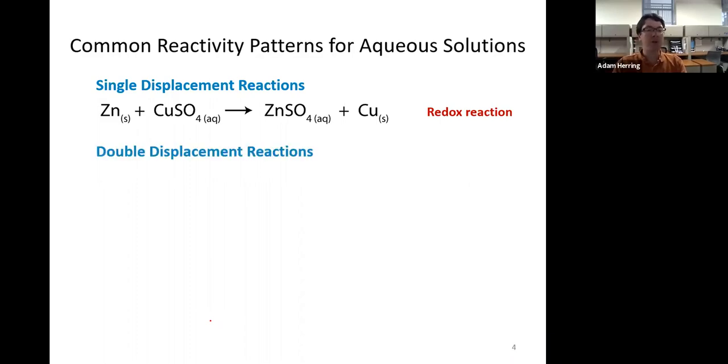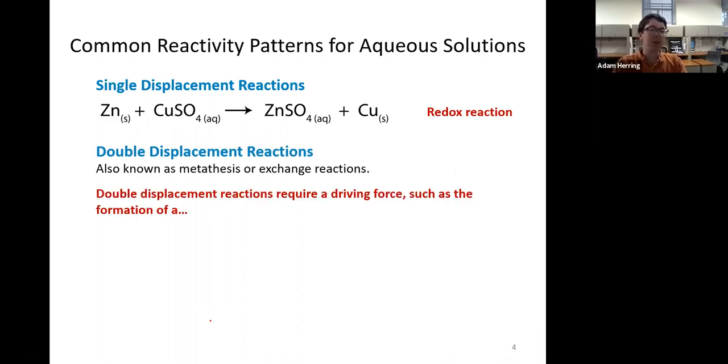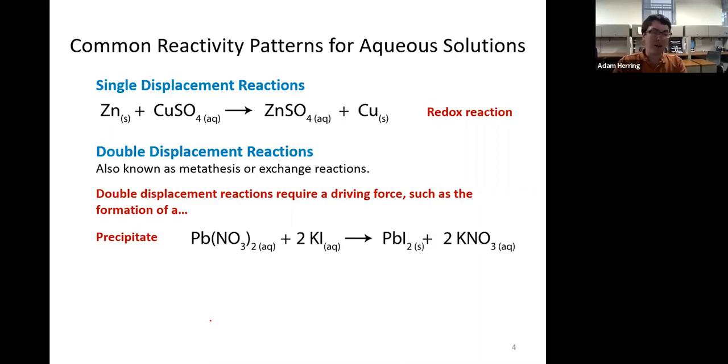We also have double displacement reactions. These are also known as metathesis or exchange reactions. Double displacement reactions typically have a driving force such as formation of a precipitate, as is here with lead nitrate reacting with potassium iodide to form lead iodide precipitate.